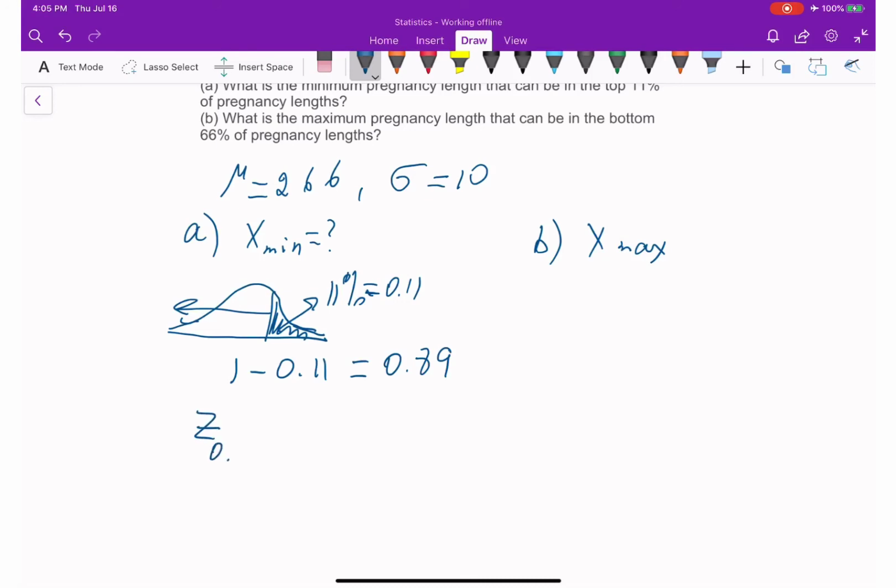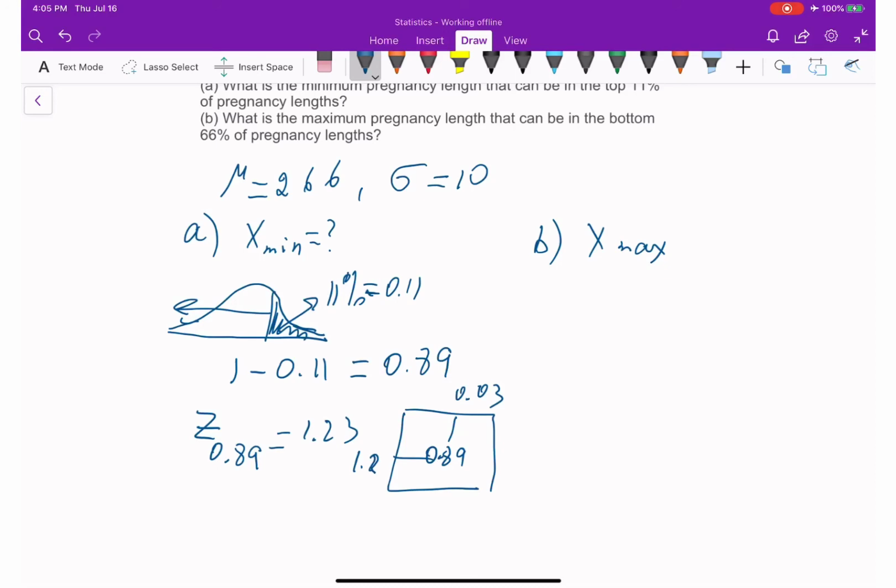Z-score for 0.89 is equal 1.23. Remember, if it's a probability, 0.89, obviously probability, we are looking in the body of the table, and it's going to be in positive table, right? So you come here, it should be 1.2, and come here 0.03. 1.23.